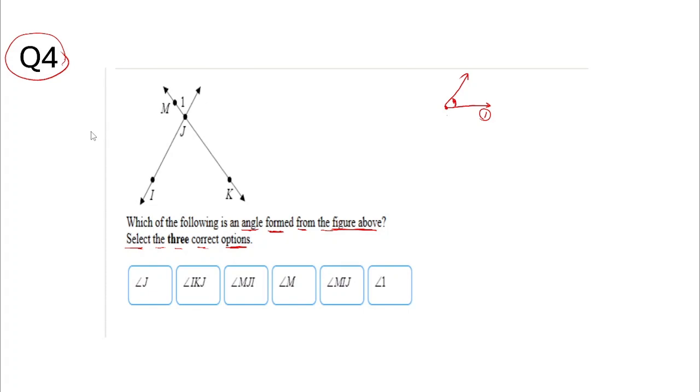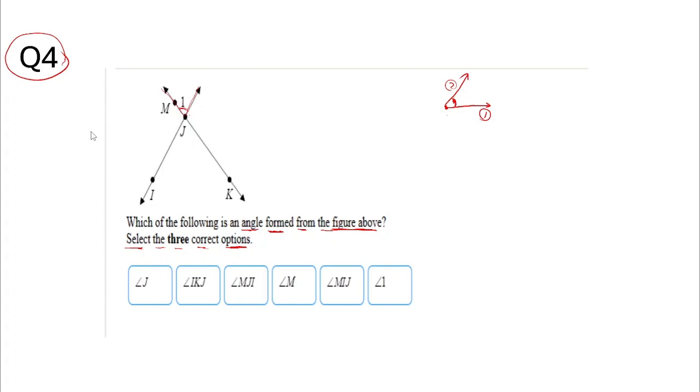This is the angle. So let's see here. I have this ray and this ray sharing the same endpoint. So that means this angle, which is, say, angle 1, is an angle.